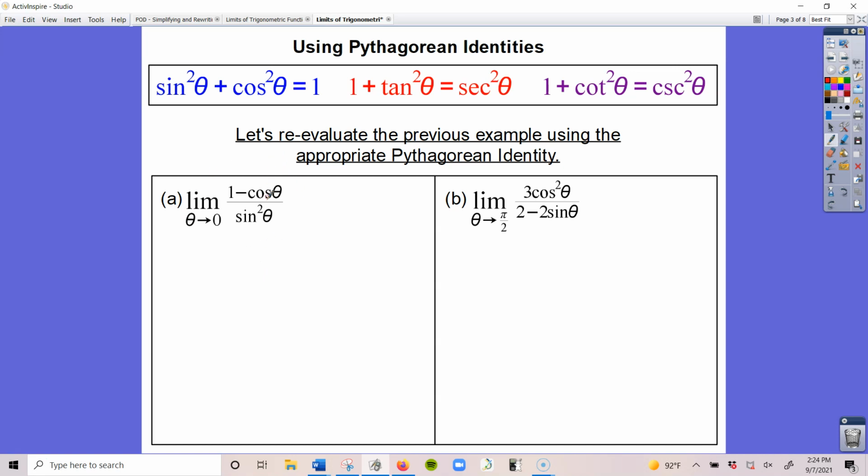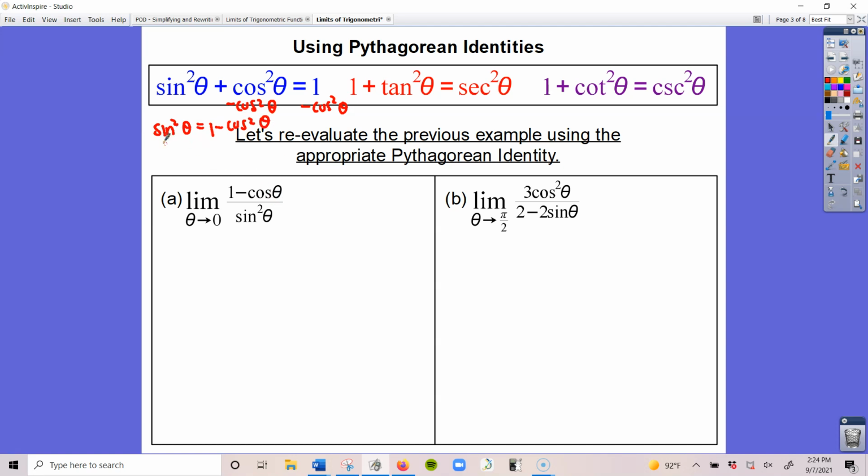This is the previous example we just tried finding the limit for, and we noticed that it didn't work. Sine squared theta, however, I could rewrite by using a Pythagorean identity. The only Pythagorean identity that uses sine squared is this first one. If I take this identity and solve for sine squared, I would subtract cosine squared from both sides, and I get that sine squared theta is equal to 1 minus cosine squared theta.